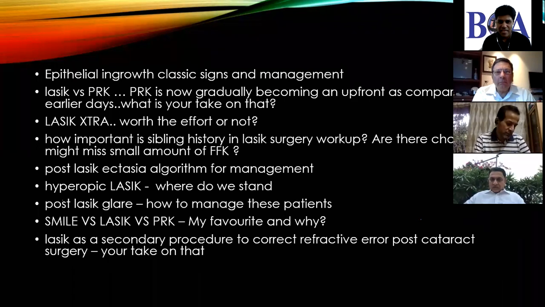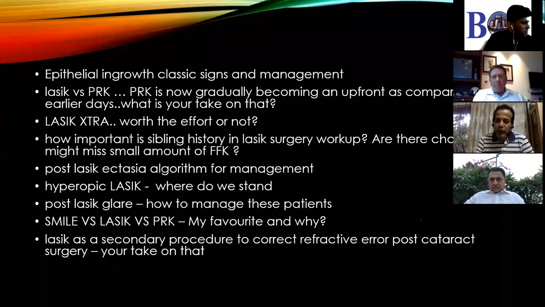So post LASIK ectasia, what is the preferred algorithm for management? Okay, Nitin, you'd like to start off? One has to be sure that it is an ectasia. You should not confuse an ectasia with a regression. So wait for it, see whether it is progressive, see whether the cylindrical refraction is also increasing.